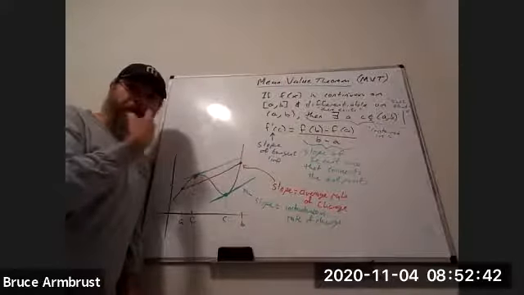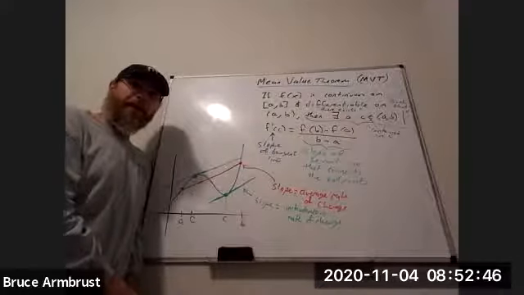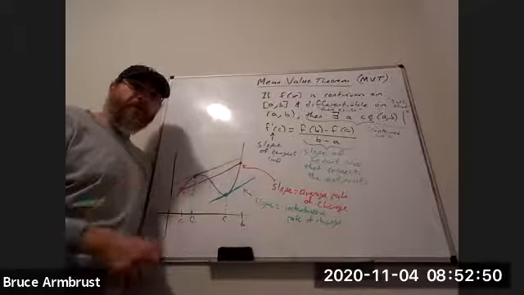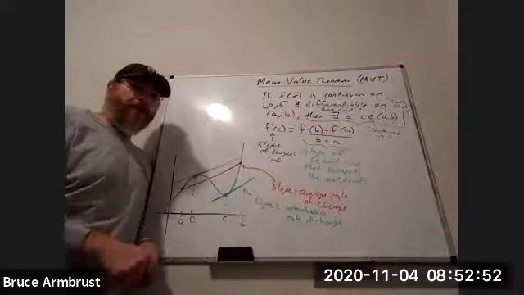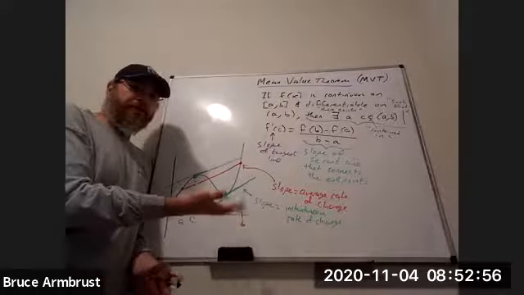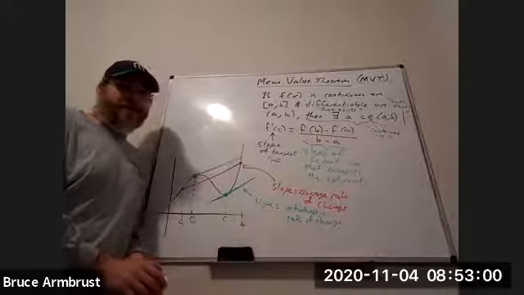And that's why it's called the mean value theorem, because think about what mean means in math. It means average. So this is a theorem about the average value, the average rate of change. That's why we call it the mean value theorem.